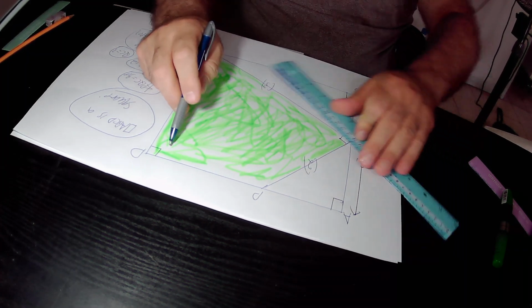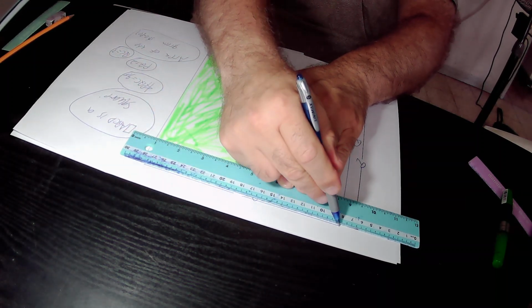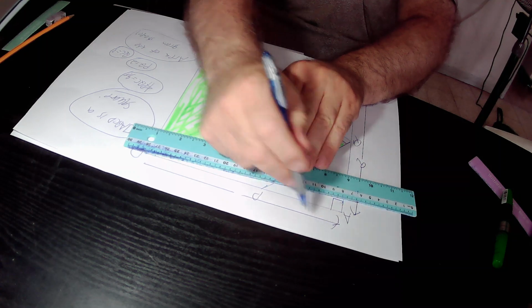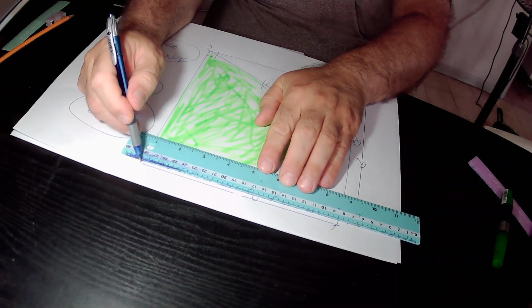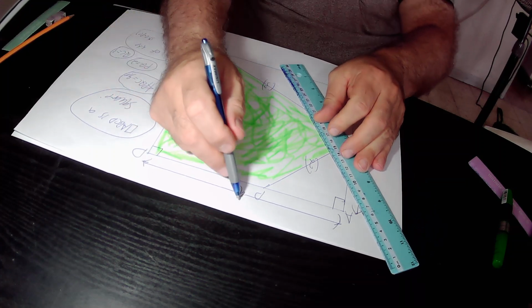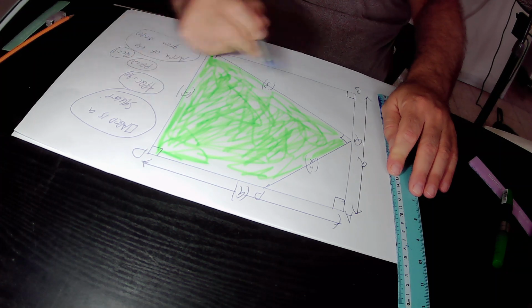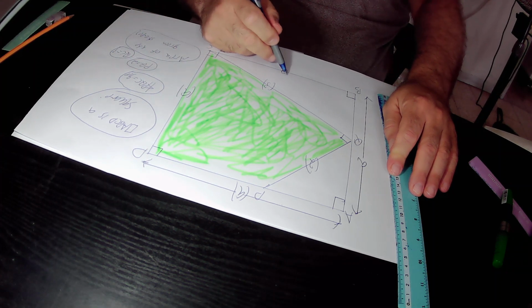This is side DC that is equal to A units, and side BC also equals A units.